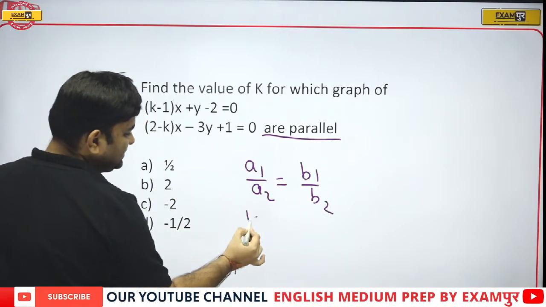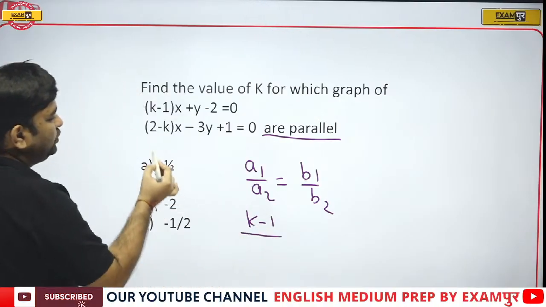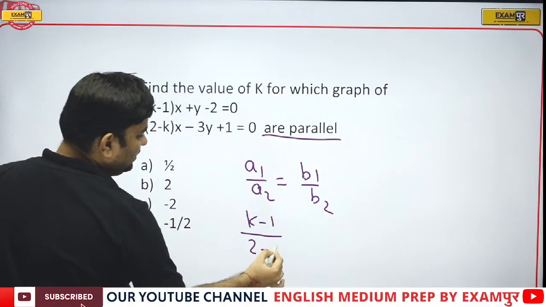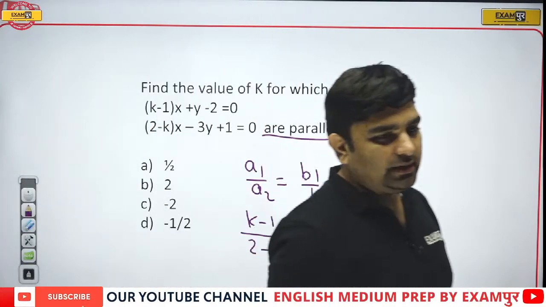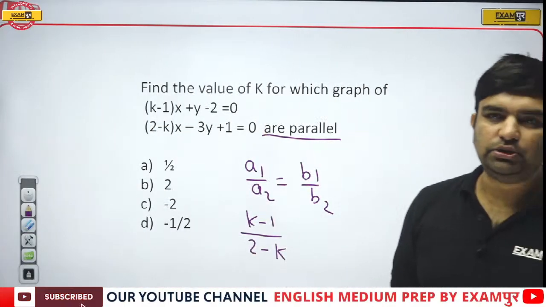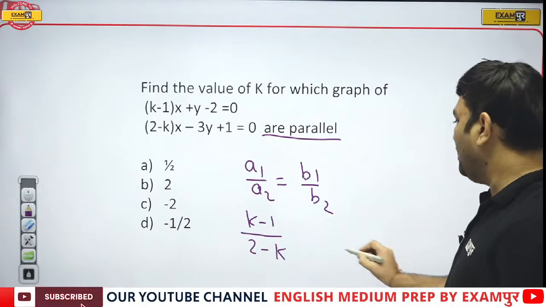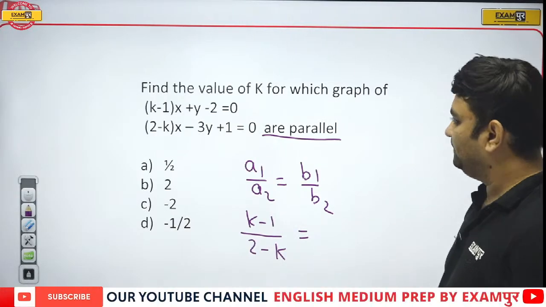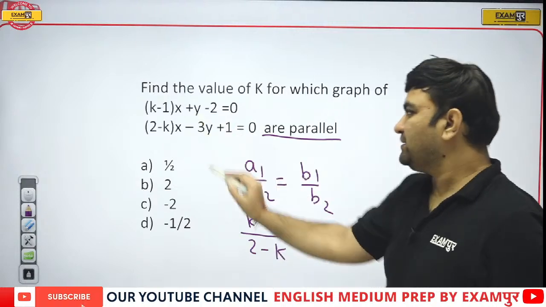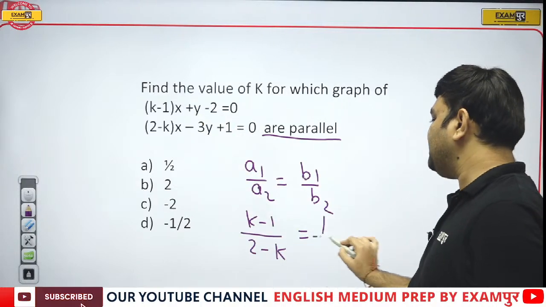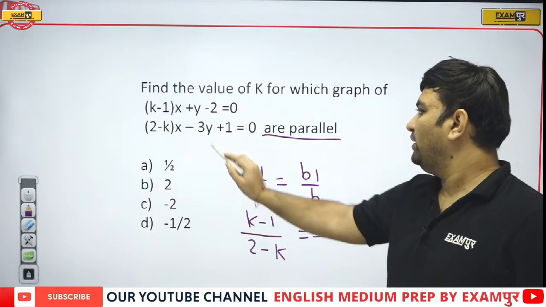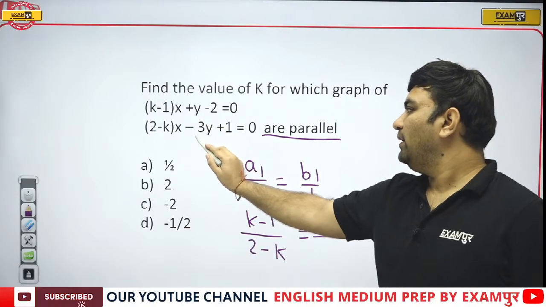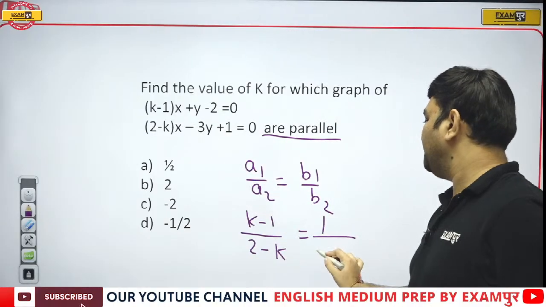A1 is k minus 1. A2 is 2 minus k. This should be equal to B1 upon B2. B1 is plus 1. Please take care of the sign as well. B1 is plus 1 and B2 is minus 3.